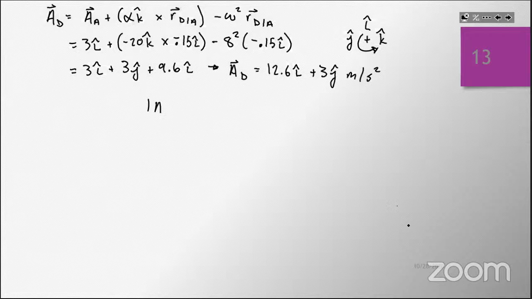So the magnitude is 12.95 meters per second squared, and the angle of A sub D is 13.39 degrees, up and to the right.